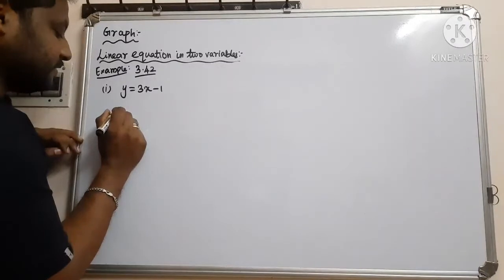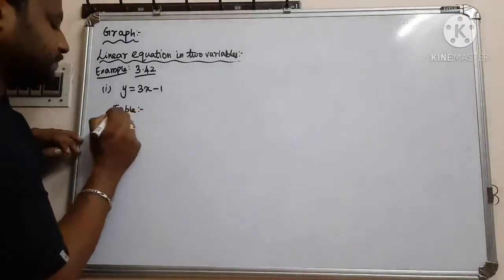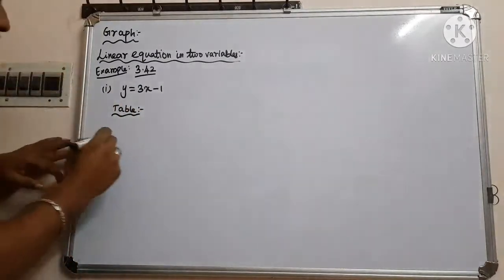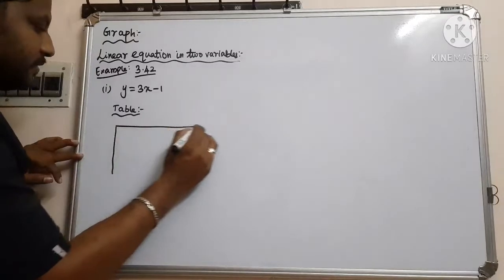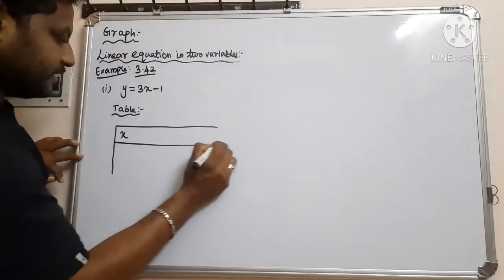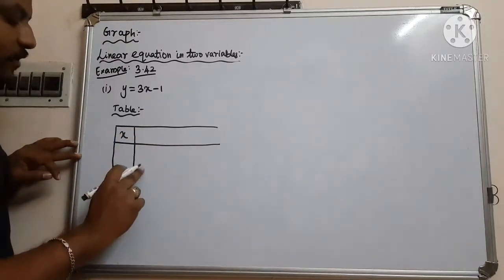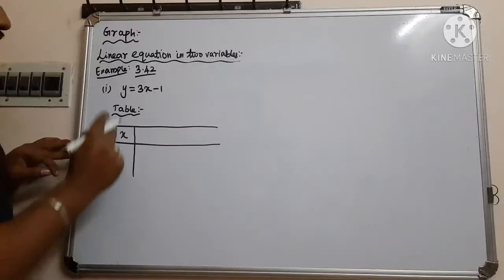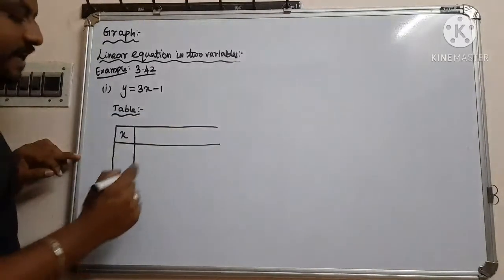From this equation, first of all, we have to find out the table. In the table, first value we have to take is x. We have to find out the x values, and using them find out the y values. For x value you can take any three values.